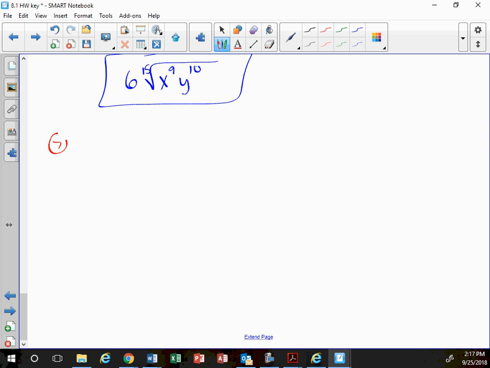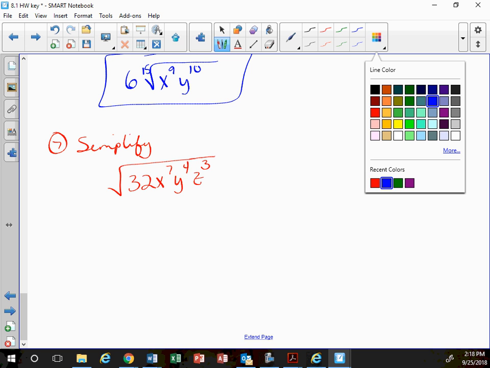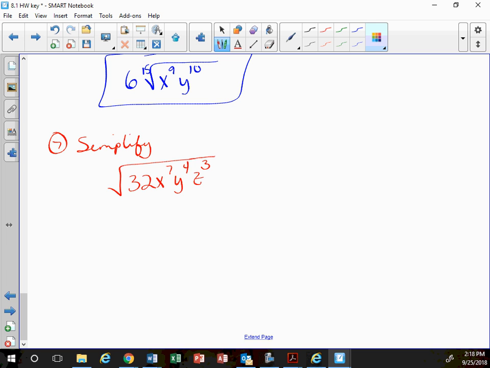Well, that's going to be 7, since I made it A and B. So let's simplify. Square root of 32, x to the 7th, y to the 4th, z to the 3rd. Okay. This is your last one for 2.1.